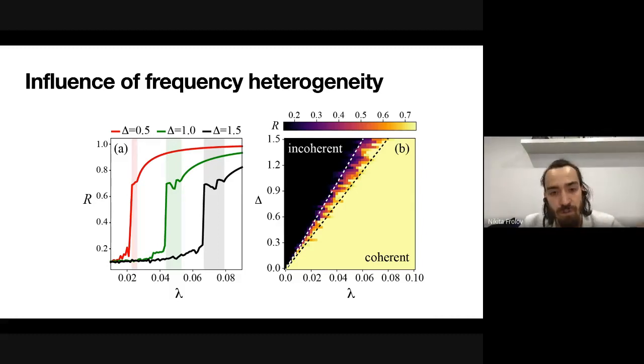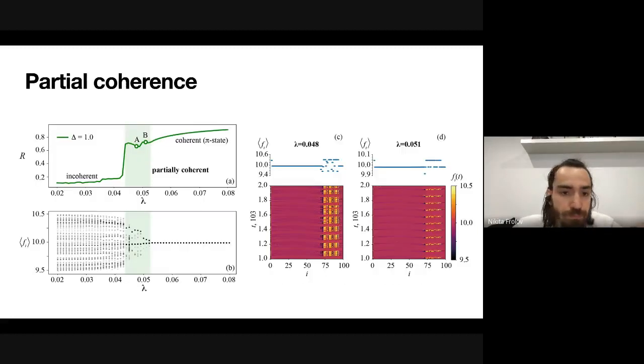So there is some intermediate state of partial synchronization which emerges after the explosive transition, and the range of this area linearly increases with the increase of the heterogeneity. So we wanted to take a more detailed look at this transition.